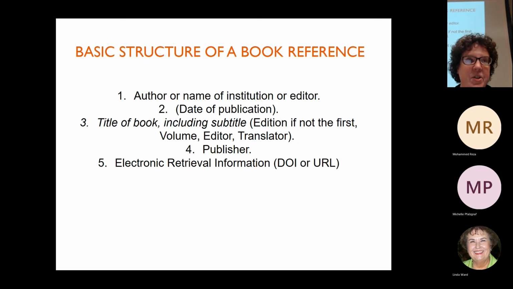Your date of publication, parentheses, period, your title, including subtitle. You only have to do an edition if it's not the first. And sometimes you may need to do a volume if it's a work in multiple volumes, or the editor or translator.